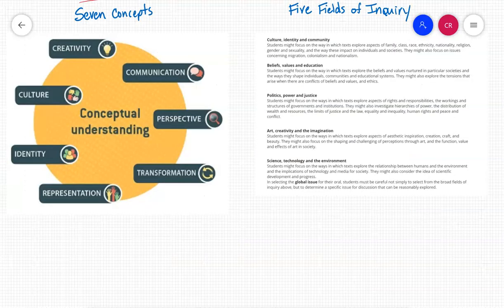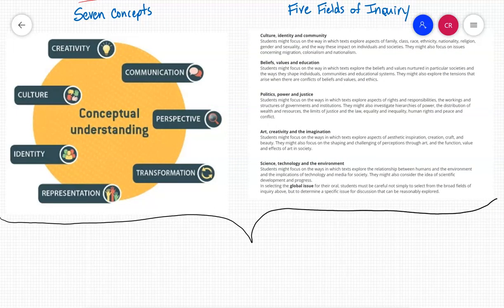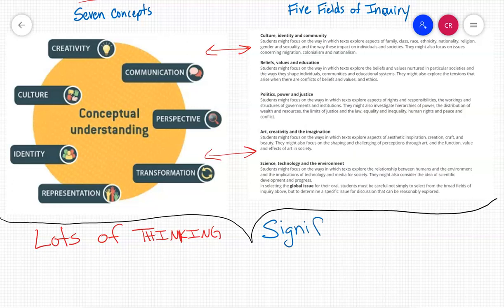So when we're writing a literary analysis essay, we need to see the connections between the 7 concepts and the 5 fields of inquiry. And these connections go both directions. And if we're looking at the 7 concepts and our 5 fields of inquiry, we're going to find that we're doing lots of thinking. In fact, we are doing significant amounts of thinking.